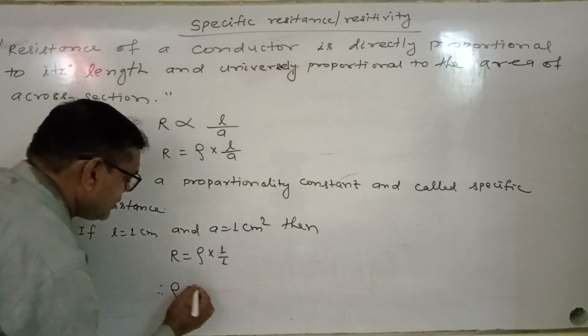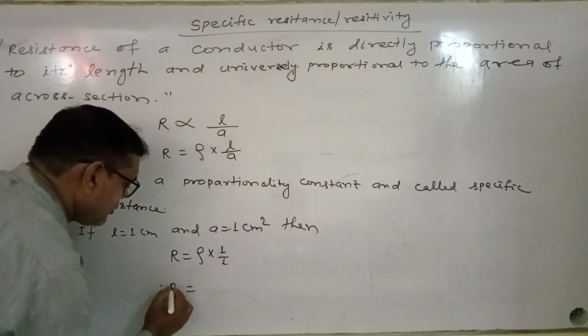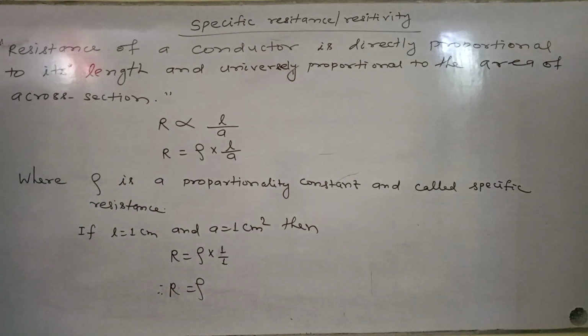Therefore R is equal to rho, or rho is equal to R. So we write a definition according to 1 cm and 1 cm square.